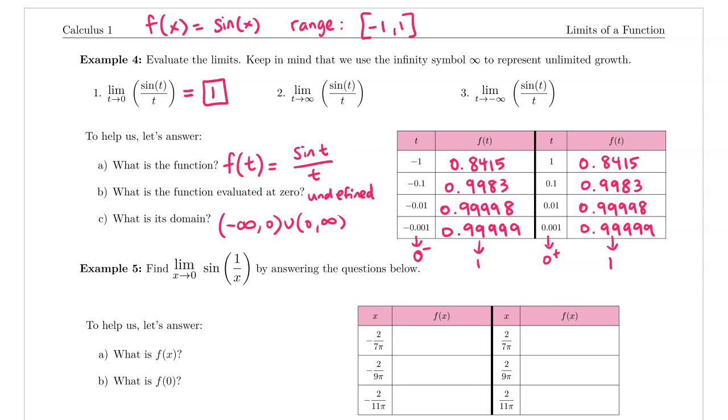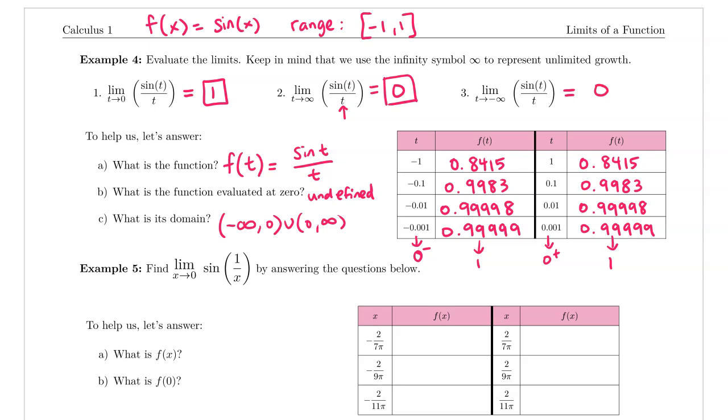But if my t value is going off to infinity, that means that my denominator, I'm plugging in larger and larger values for it, like 1,000,000 or 1,000,000,000 or 1,000,000,000,000. So as my numerator is staying pretty small between -1 and 1, and I'm dividing it by an extremely large number, that means that my fraction is getting extremely small, and in fact it's going off to 0.